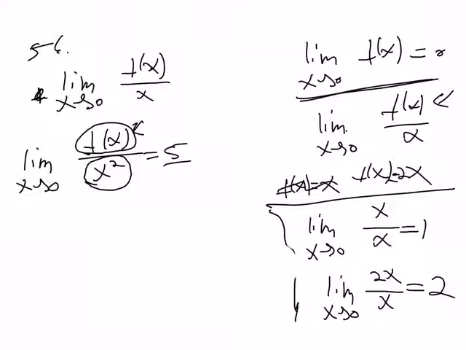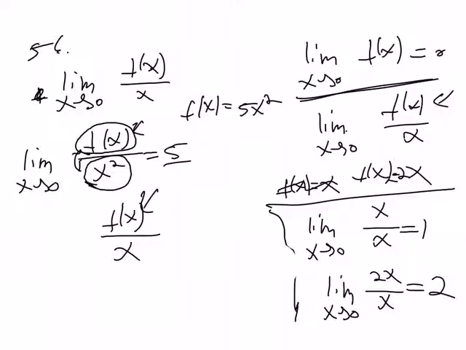So f of x is something in the form of like 5x squared. It's moving at basically the same rate, which means that when f of x is being divided by x, it's moving much, much faster towards 0.